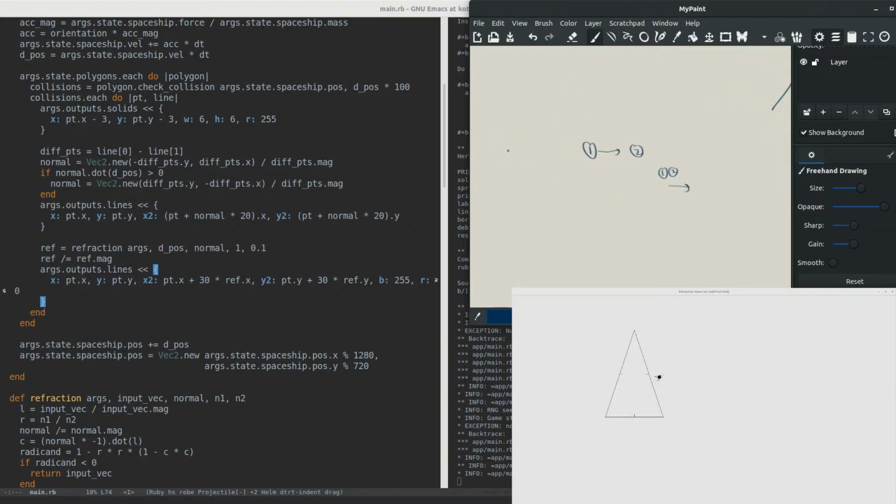So this is a pure inelastic collision, I think. Stick. And pure elastic is when this results in 2 going this way and 1 going the other way. So that's like a billiard ball.